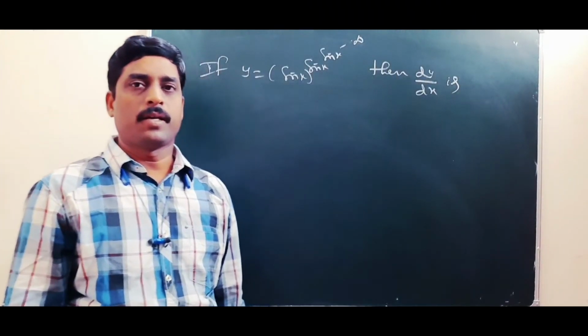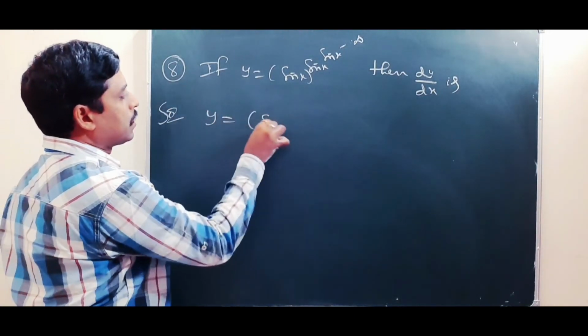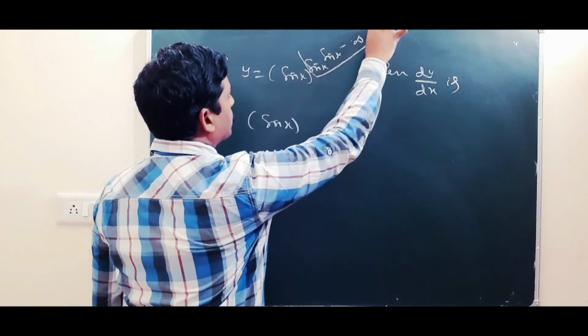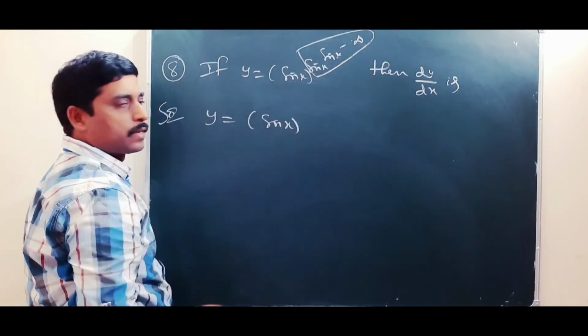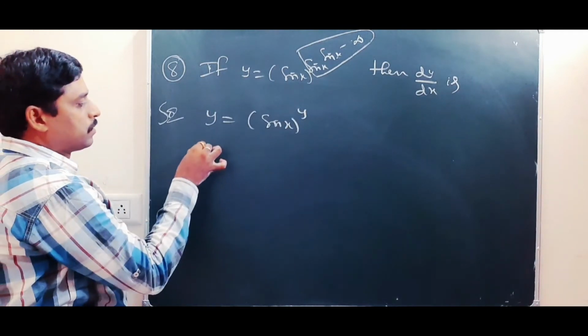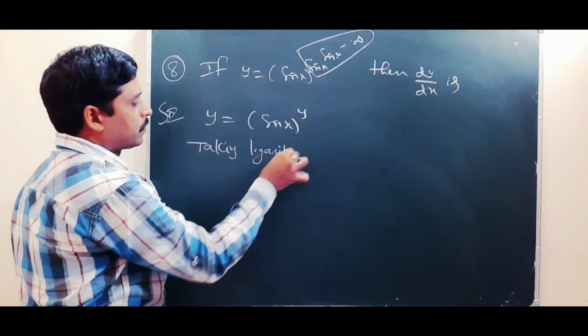Okay, now explain according to the process. y is equal to sin x to the power sin x to the power sin x to the power up to infinity. In this place, write y. Okay, so now taking logarithms on both sides.